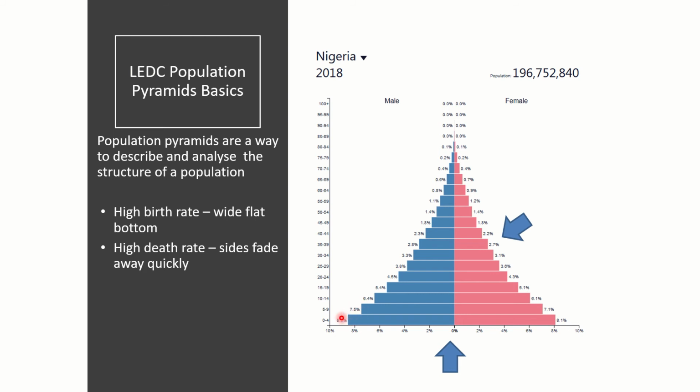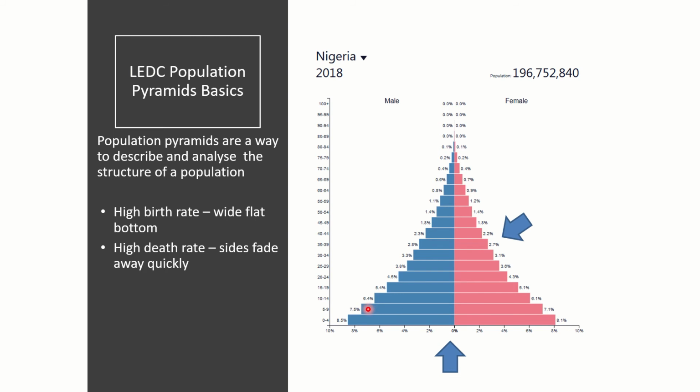I can work that out because 8.5% of males are 0 to 4, 7.5 are 5 to 9 years old. Therefore, there's a whole 1% less males in Nigeria. Those males have either moved out of Nigeria, and a small number may have done, but the only other explanation is that shortfall is because they died.